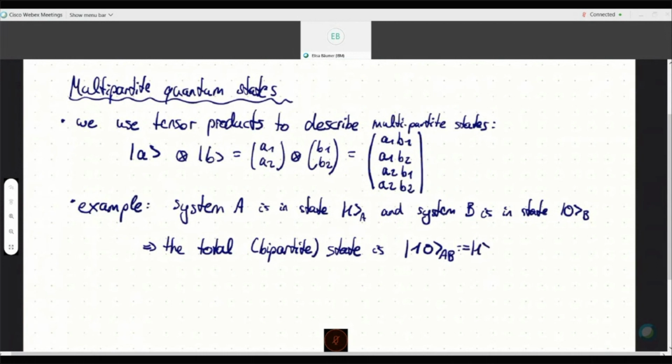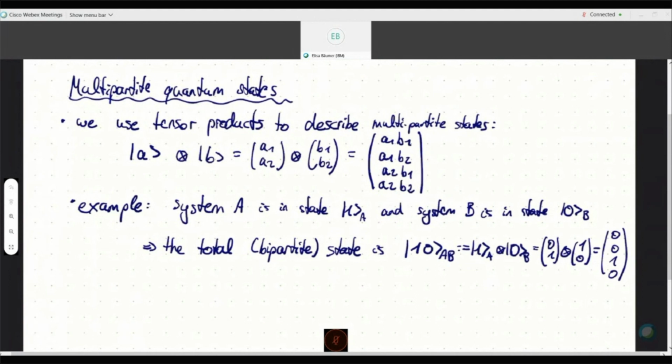It's just shorter. It means I'm in state 1 on A, tensor 0 on B. Now I can write the vectors for both of them. And if I do the tensor multiplication that I just described, I get 0, 0, 1, 0. So this is how I would describe that state on 2 qubits.